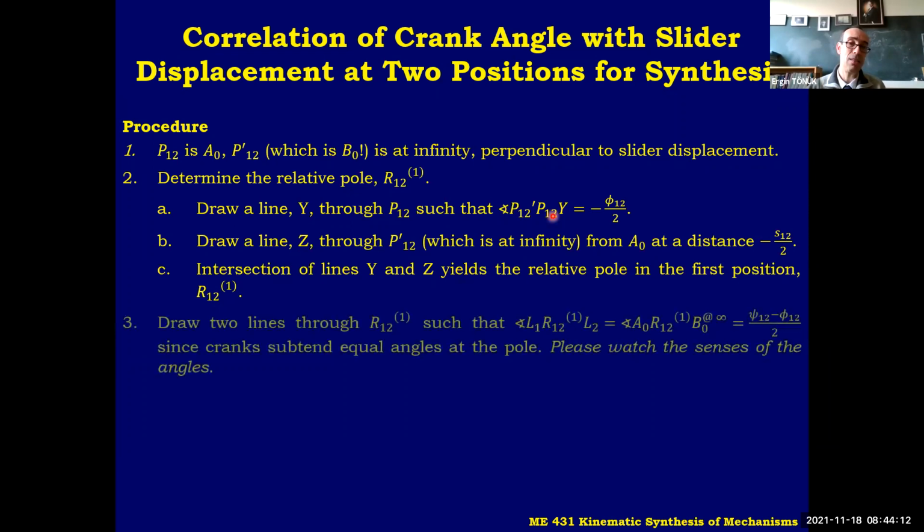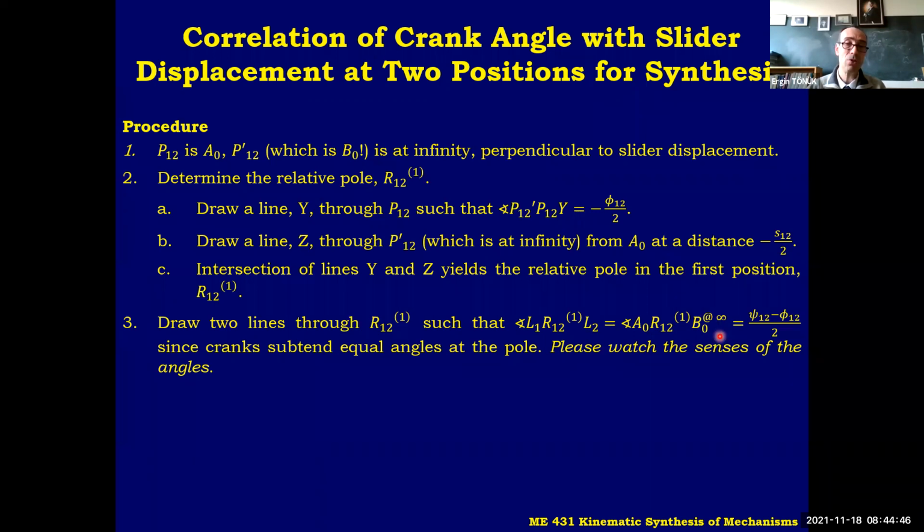Then exactly the same as procedure number 1, we are going to draw two lines through this relative pole such that the angle between these two lines is the same as the angle between A0 R1 to 1, B0 at infinity. Remember, B0 was at infinity, so it's perpendicular to the slider travel.